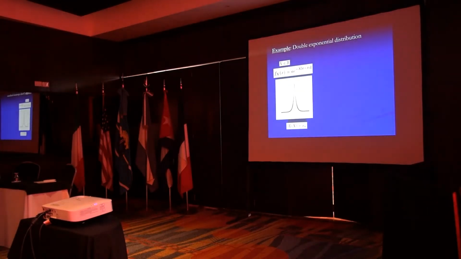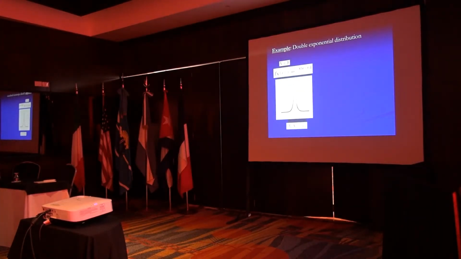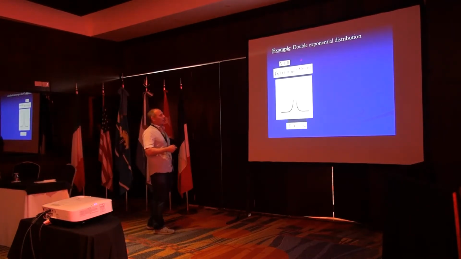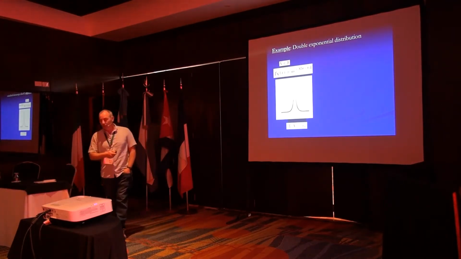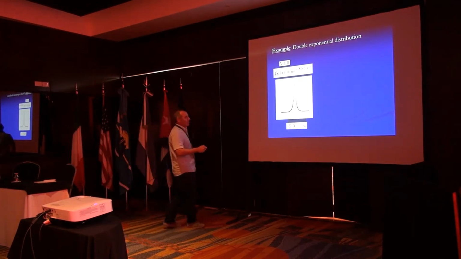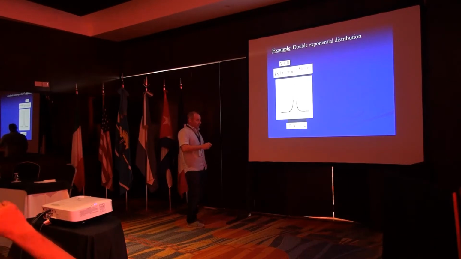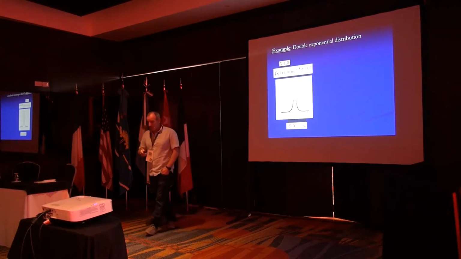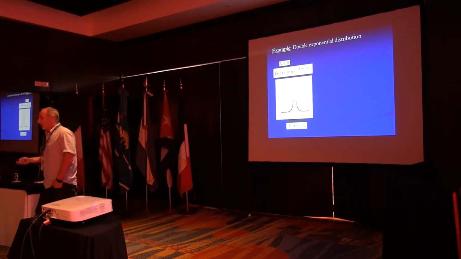So just to show an example, if we think in dimension 1, a random variable with a double exponential distribution that decays from a center x0, the expected value is the center of symmetry, x0. We define the same in graphs.